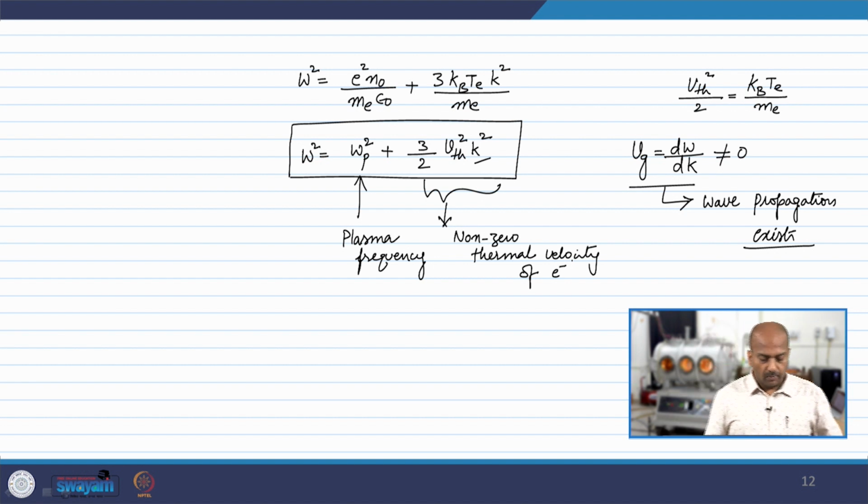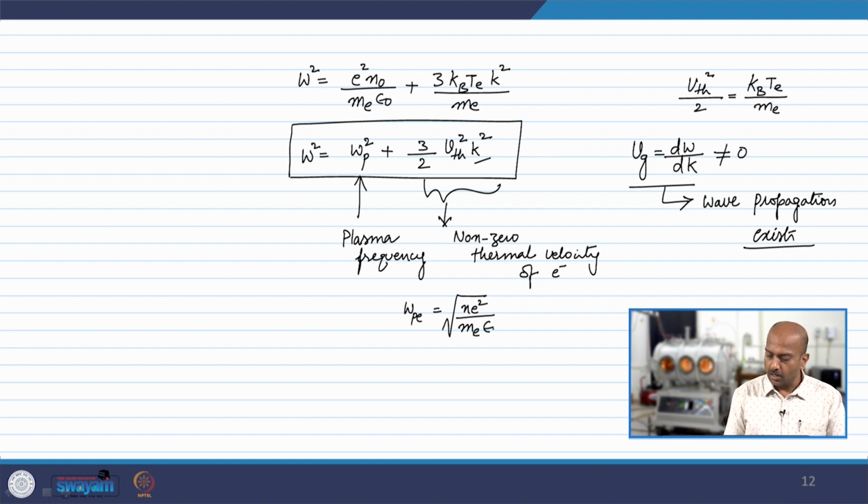We know very well that omega p e is the square root of n e square by m e epsilon naught.